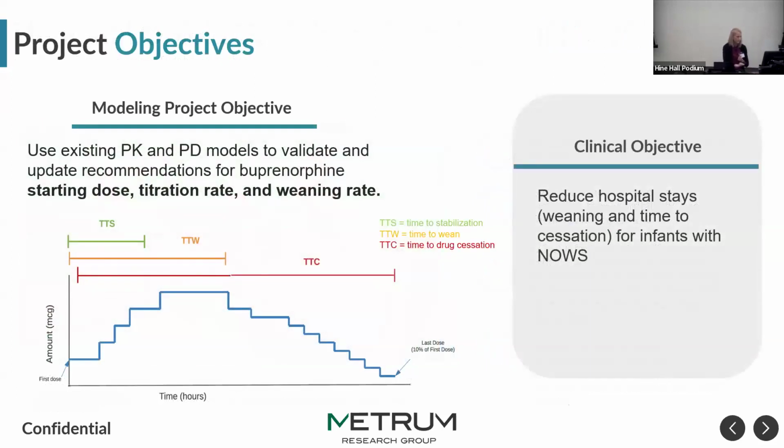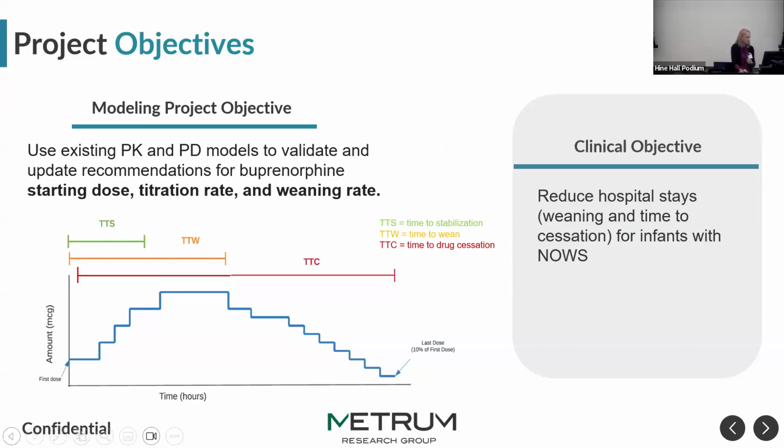So the project objectives. This is our problem, and our objectives can be seen in two lights. On the left side is our modeling project objective, where we're going to use existing PK and PD models to validate and update recommendations for this buprenorphine starting dose, titration rate, and weaning rate.